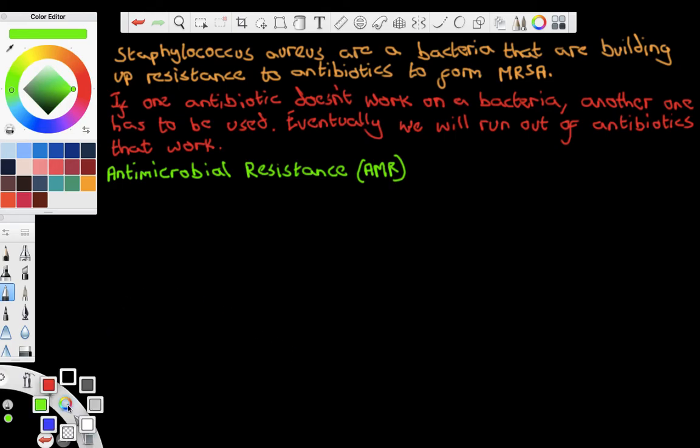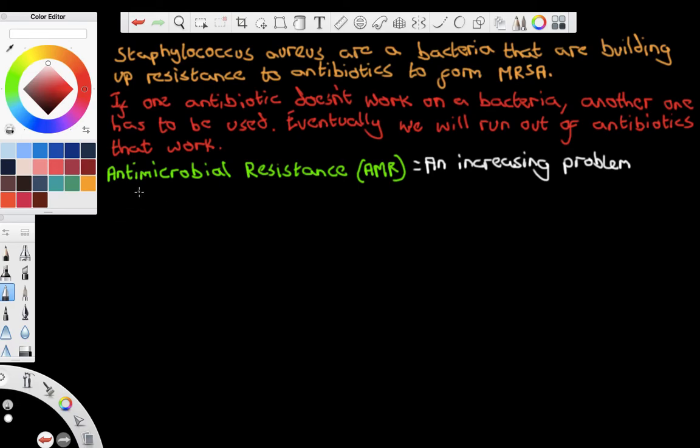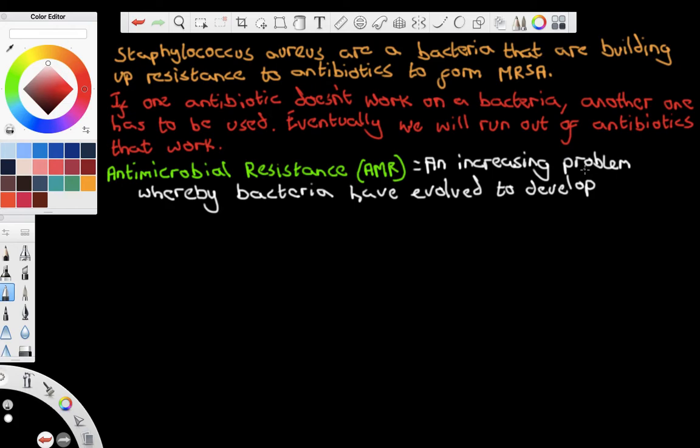AMR can be defined, and it has got quite a long definition, as an increasing problem whereby bacteria have evolved to develop resistance to antibiotics due to their overuse.